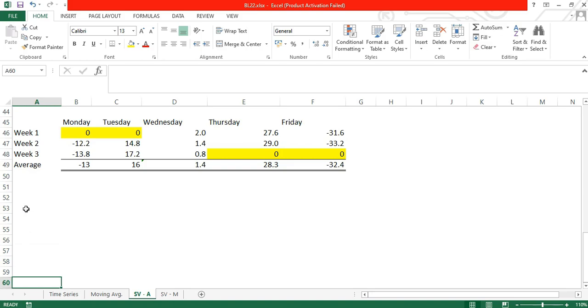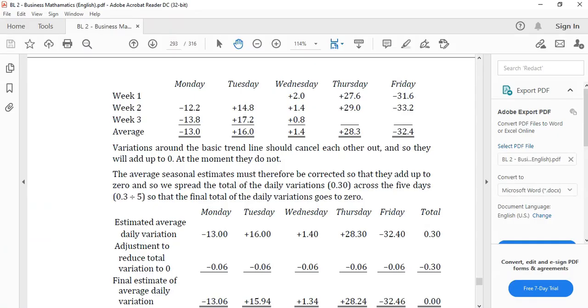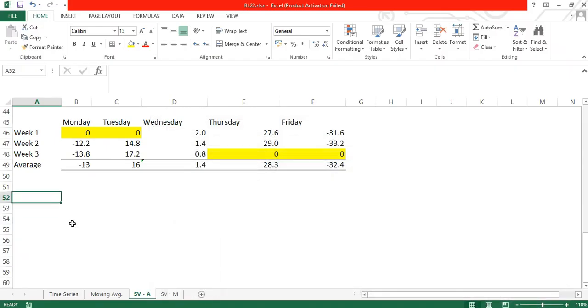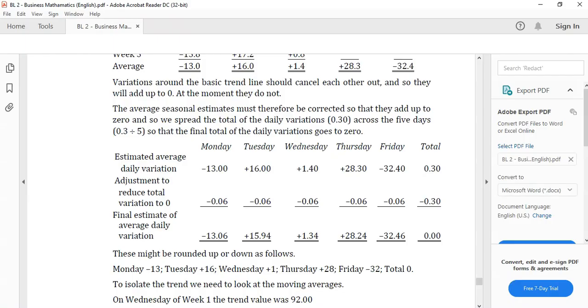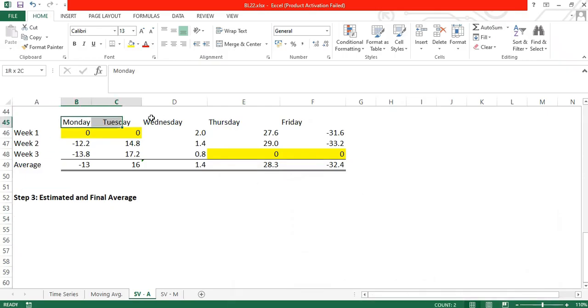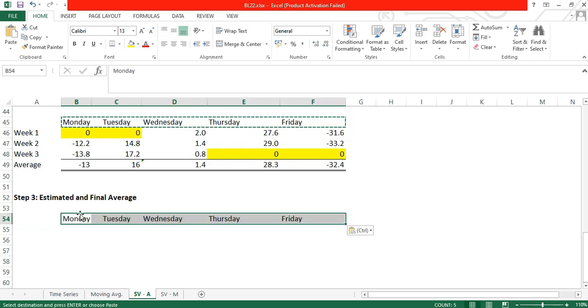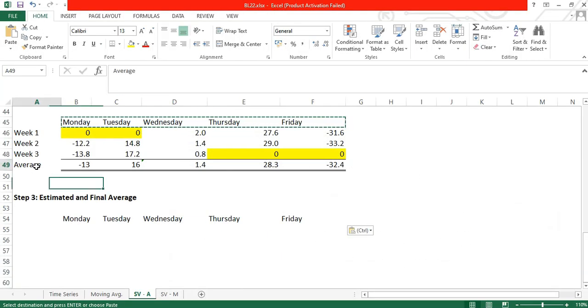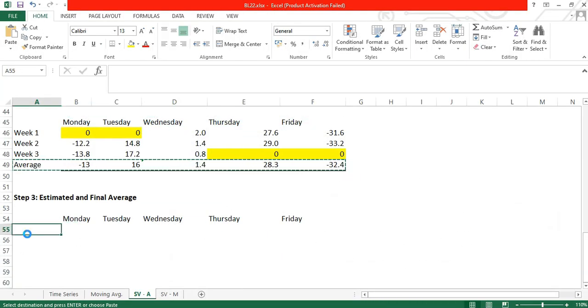Once we've done the average, we have to get something called the estimated and final average. For that, again, we get the data, the days over here, and we write the estimated daily variation.